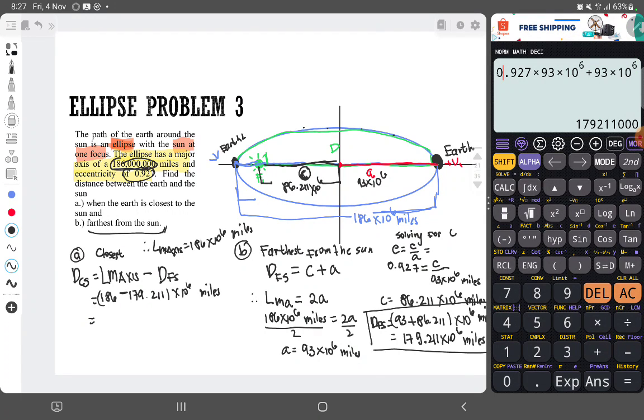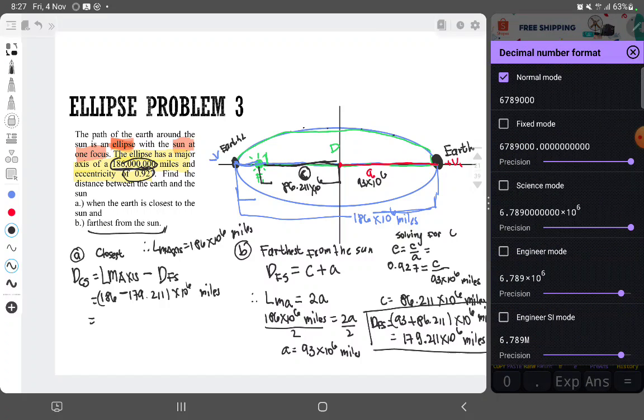We will have an answer equal to, I will just use my calculator, 186 times 10 raised to 6 minus 179.211 times 10 raised to 6, which is 6.789 times 10 raised to 6 miles.